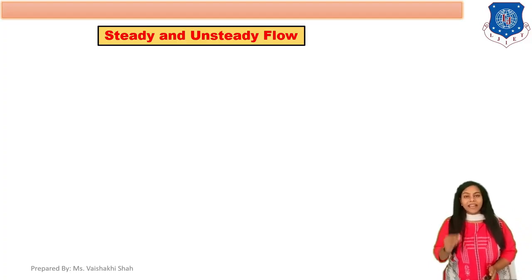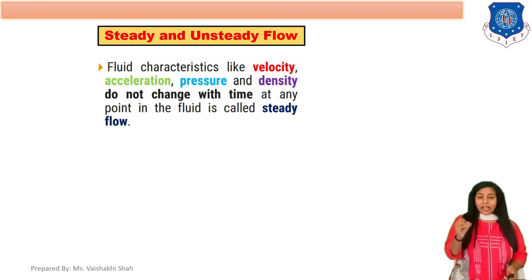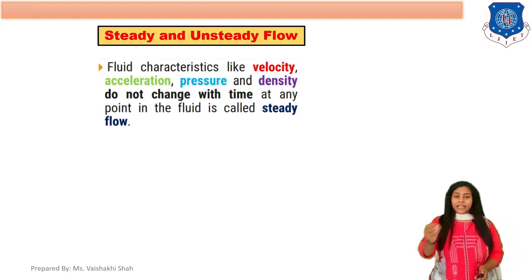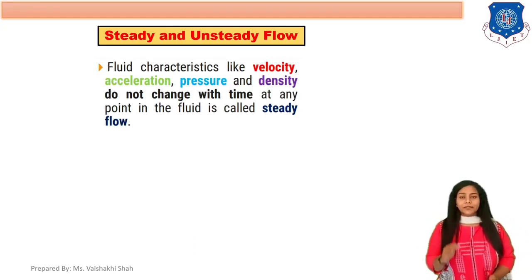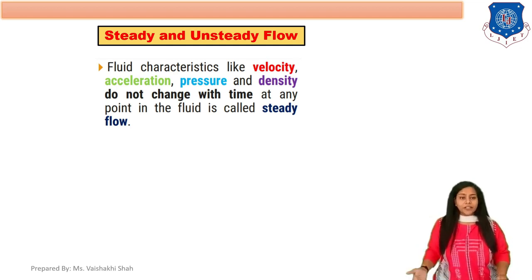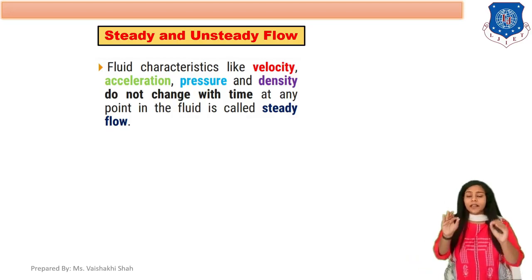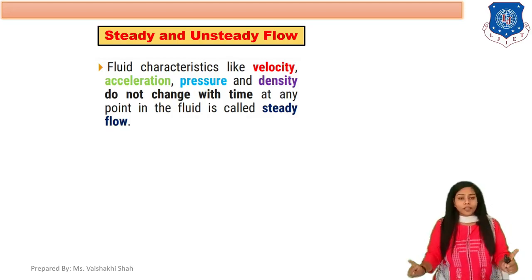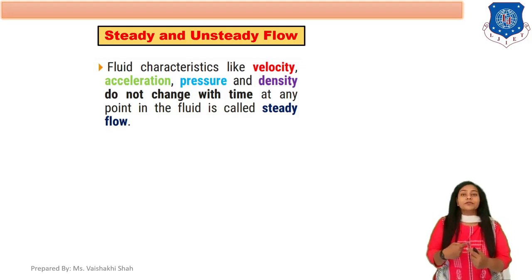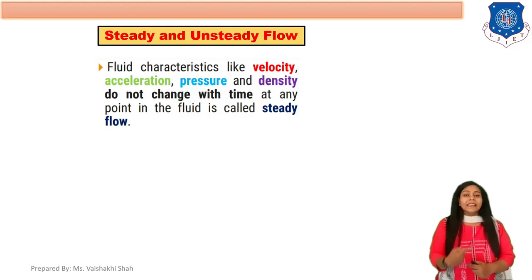As the name indicates, steady. The steady flow is that type of flow in which fluid characteristics like velocity, acceleration, pressure or density do not change with respect to time at any point.